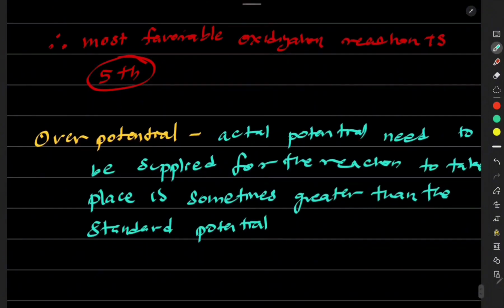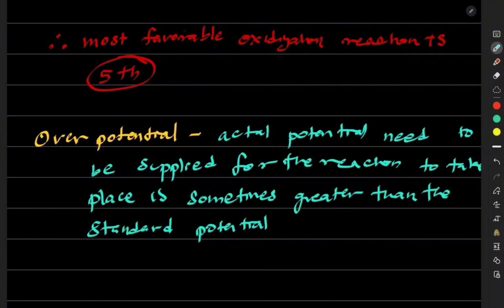In other words, standard reduction potential can be used to obtain the minimum voltage values that can be supplied to drive a reaction of interest. However, the actual voltage may be higher due to the presence of overpotentials.